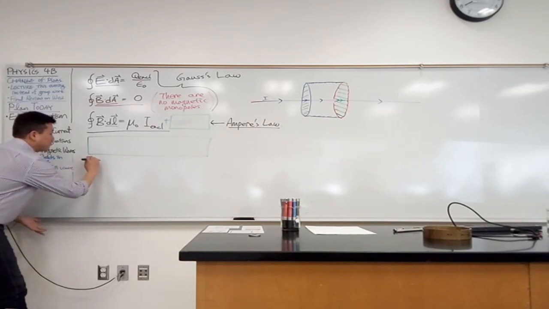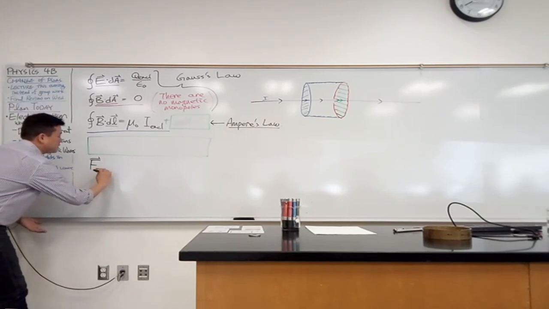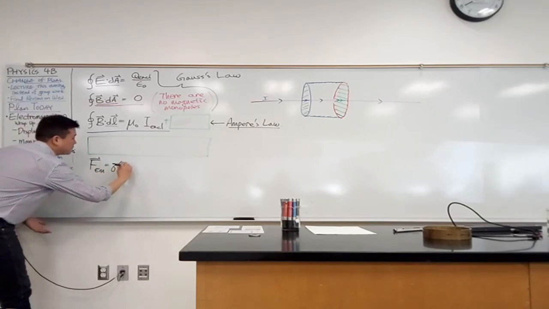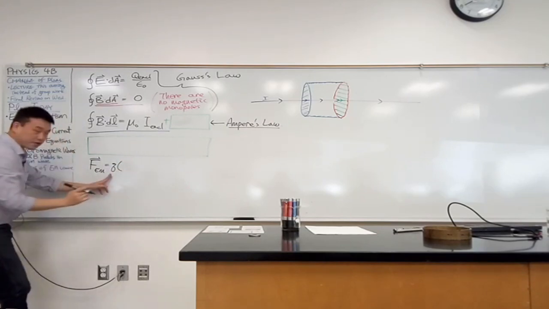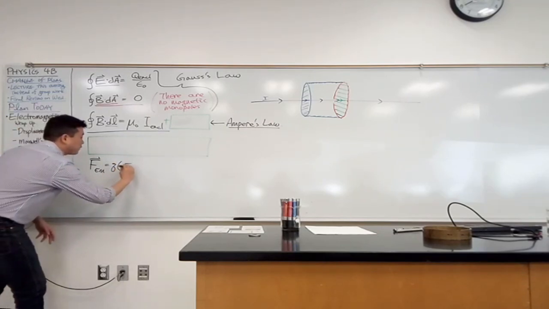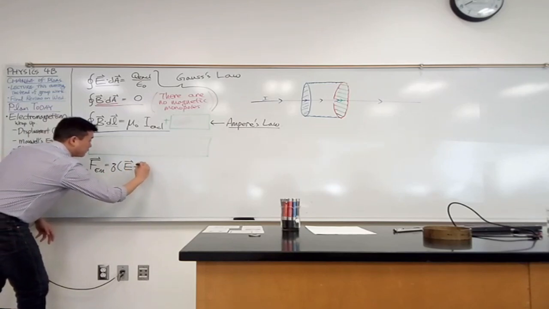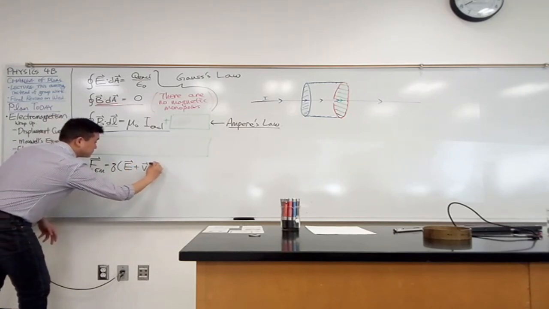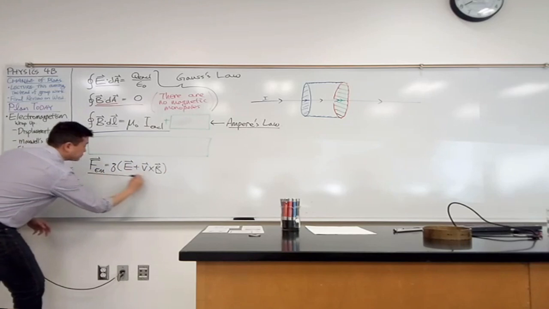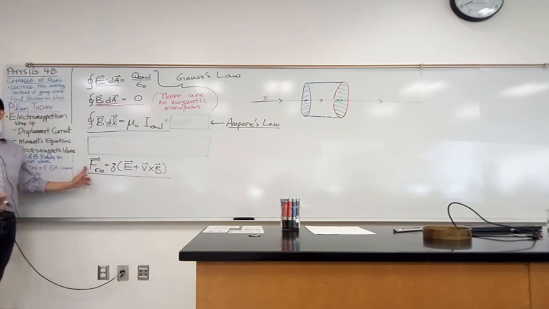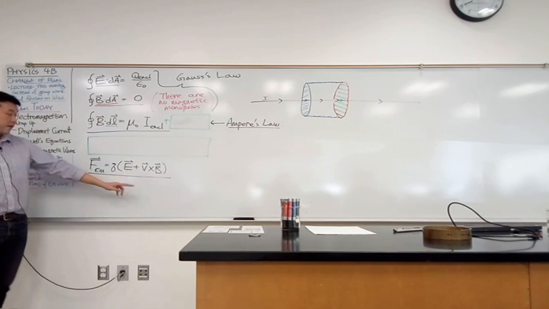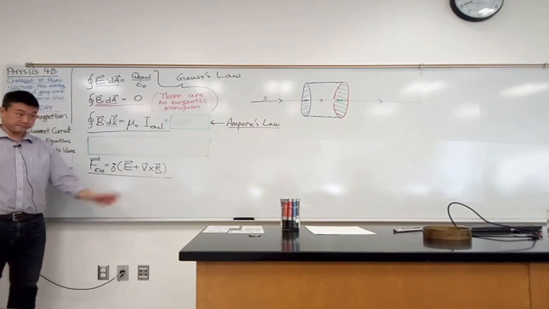the electromagnetic force is charge times, let me write this in a proper way, charge times electric field plus V cross B. Right? This is the Lorentz force, or the force on an electric charge due to electric and magnetic fields.